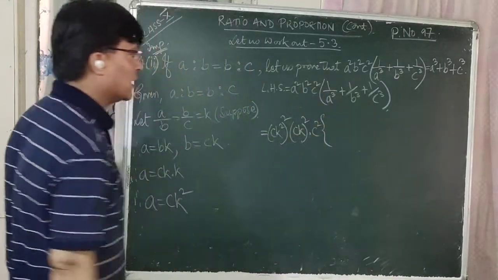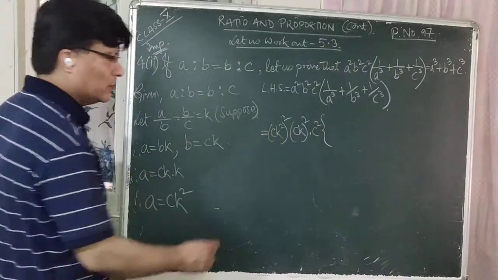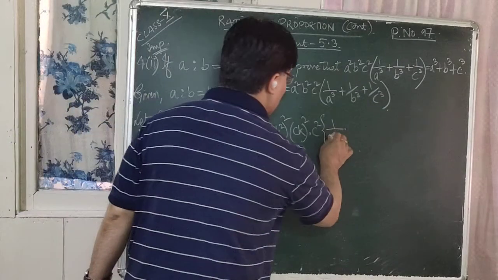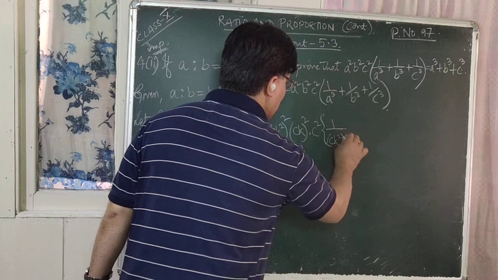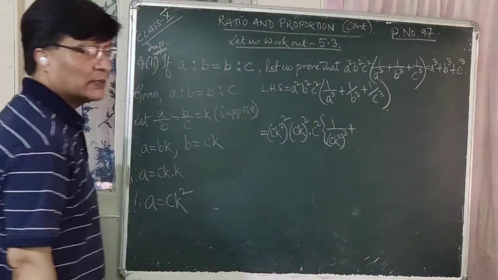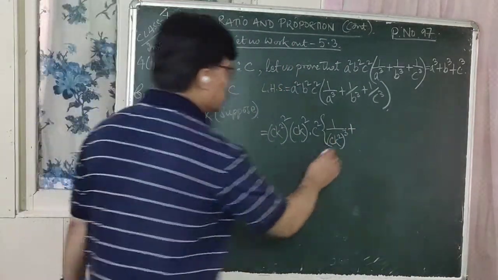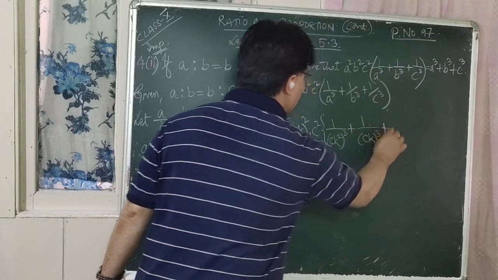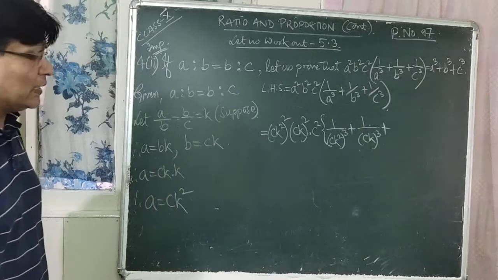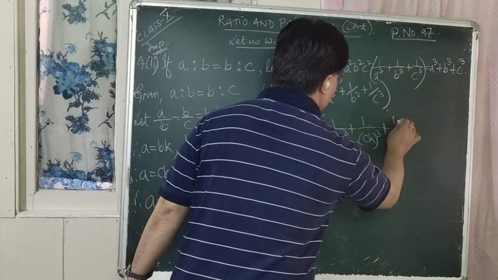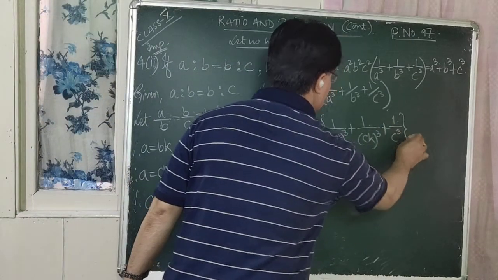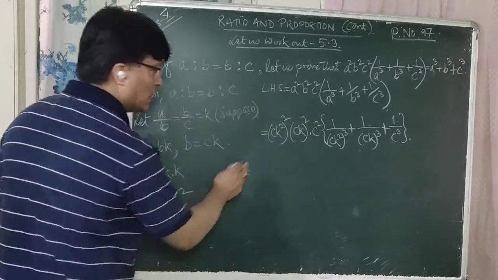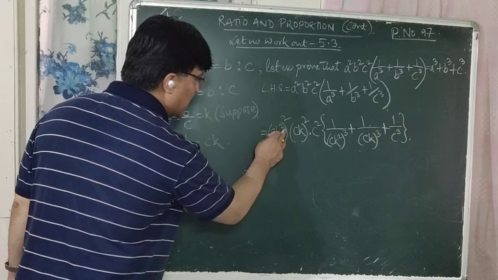And now within second bracket 1 upon, what is a whole cube? That is ck square whole cube, plus next 1 upon what is b cube, 1 upon ck whole cube, because here the value for b is ck, plus 1 by c cube. Okay. Now let us simplify it. Now this square is for both c and k square.